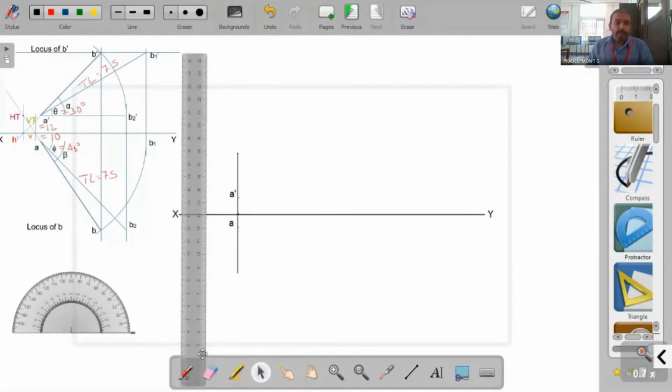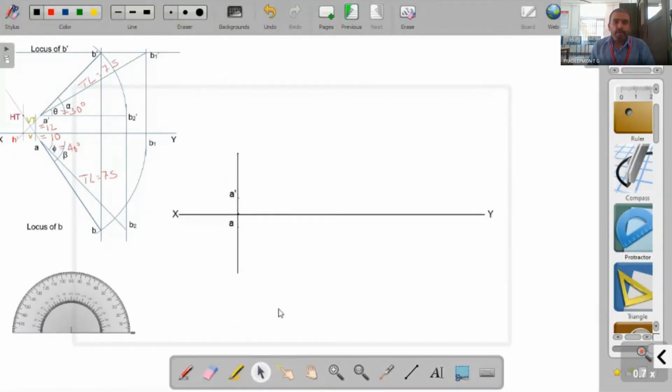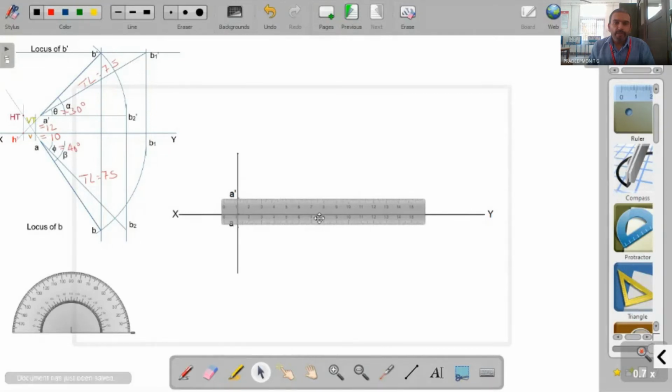Now from A dash and A, we draw the locus of A dash as well as the locus of A. Why we need it? Because one thing is we need to measure the angle from this line, and the second is that when we rotate the points, we need to obtain the points B1 dash as well as B1.